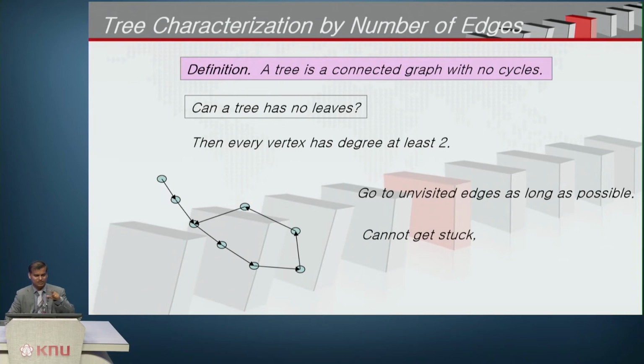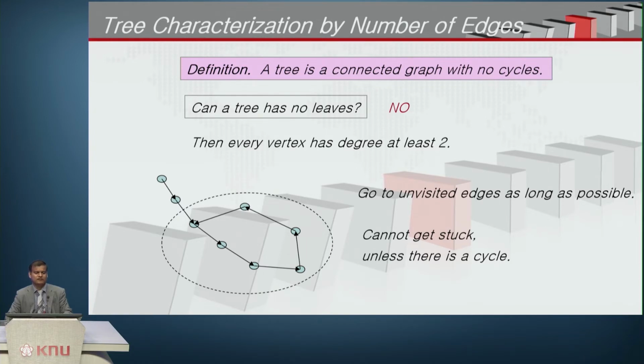If you get stuck there, then this is not a tree. Once you get stuck like this, this forms a cycle. So in this case it cannot. Yes, a tree has leaves. So can a tree have no leaves? No, it cannot. It should have leaves.